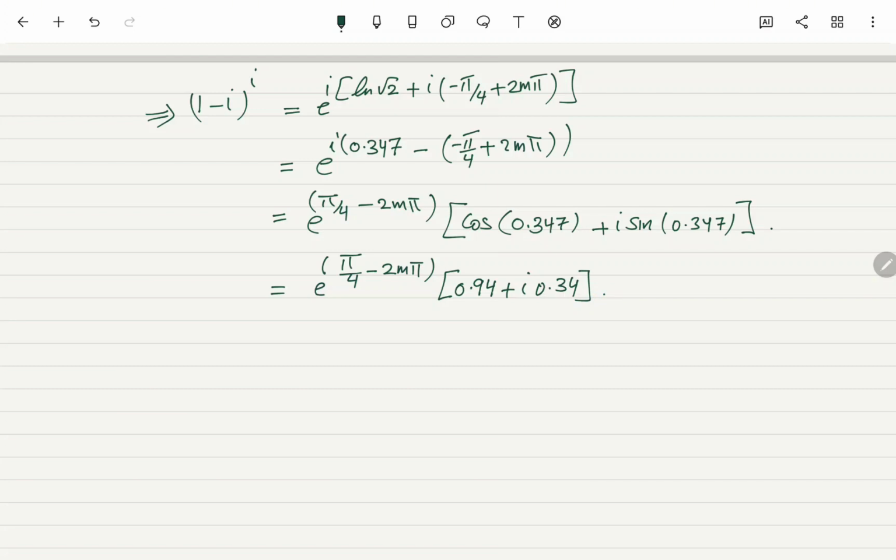Therefore, 1 minus i to the power i, again, has an infinite number of complex values.